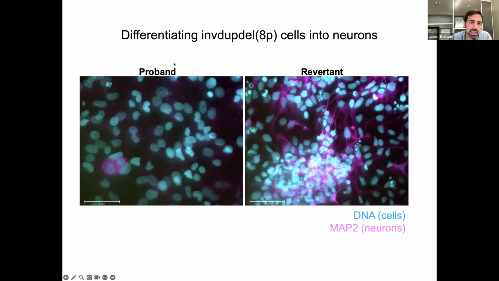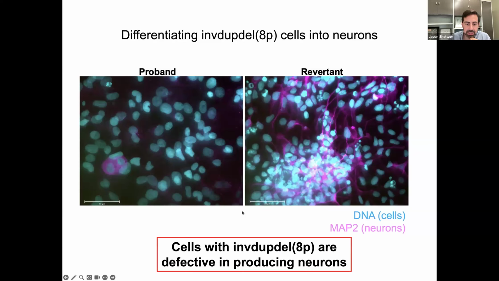And what we found is that cells from the proband, that is cells with the rearranged copy of chromosome 8p, produced significantly fewer neurons compared to cells in which we had eliminated the rearranged copy of chromosome 8p and restored two normal copies of chromosome 8 in these cells.